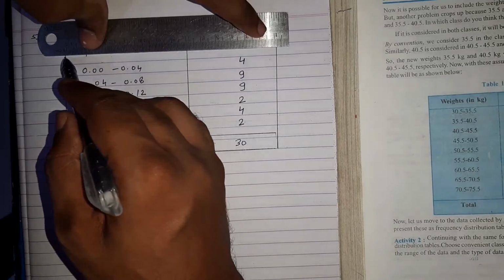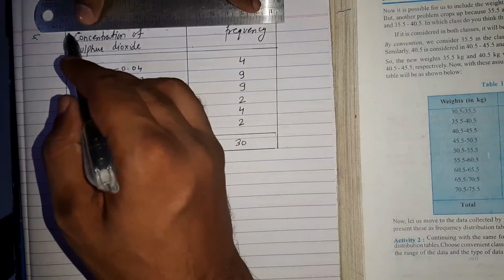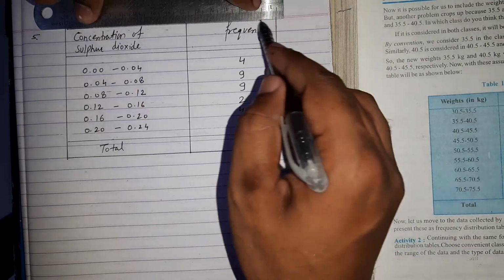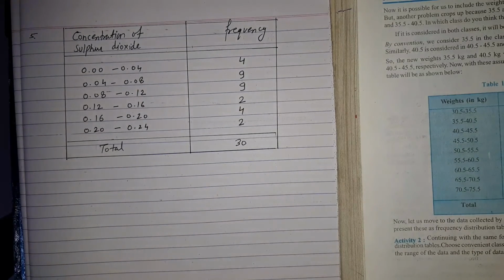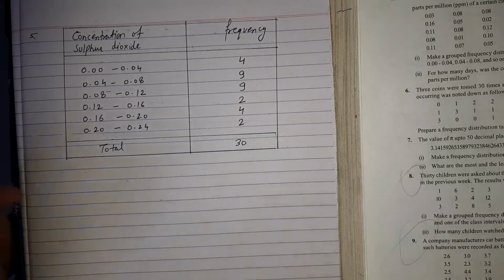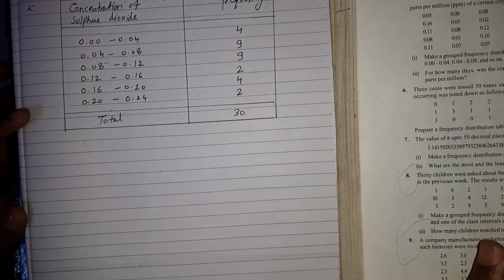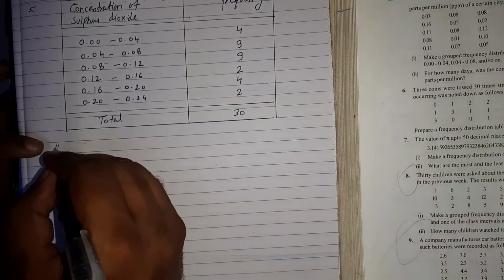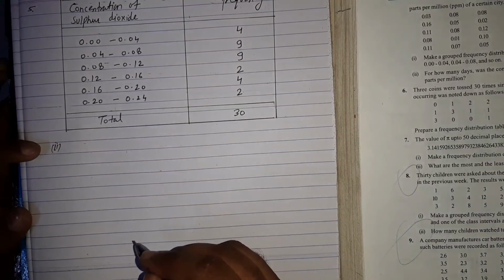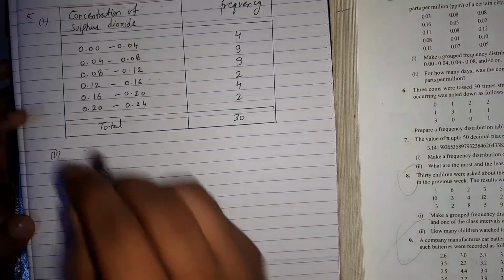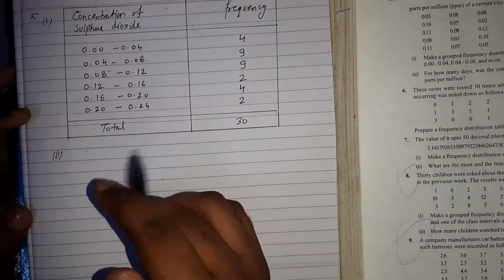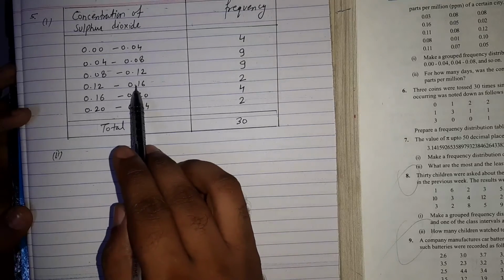In the second part we have to find out for how many days was the concentration of sulfur dioxide more than 0.11 parts per million. So you can see more than 0.11, so it will lie in this class interval.